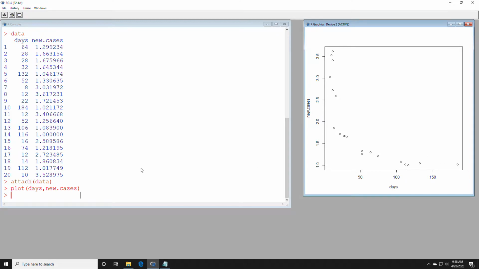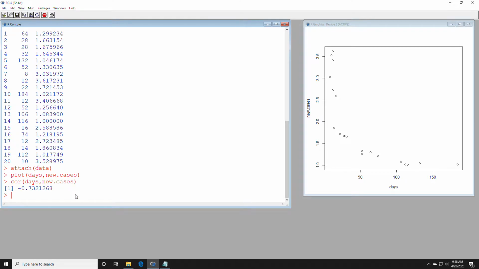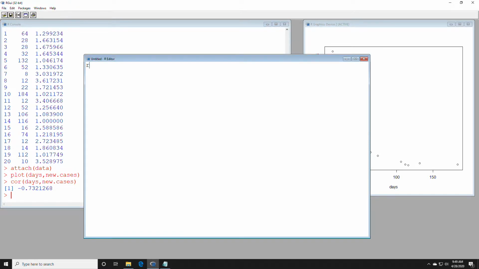So to address the first topic, which was correlation, we can simply put correlation x comma y, and we can see that we get negative 0.73. Okay, so in this case, r is equal to negative, which is very important, 0.73.